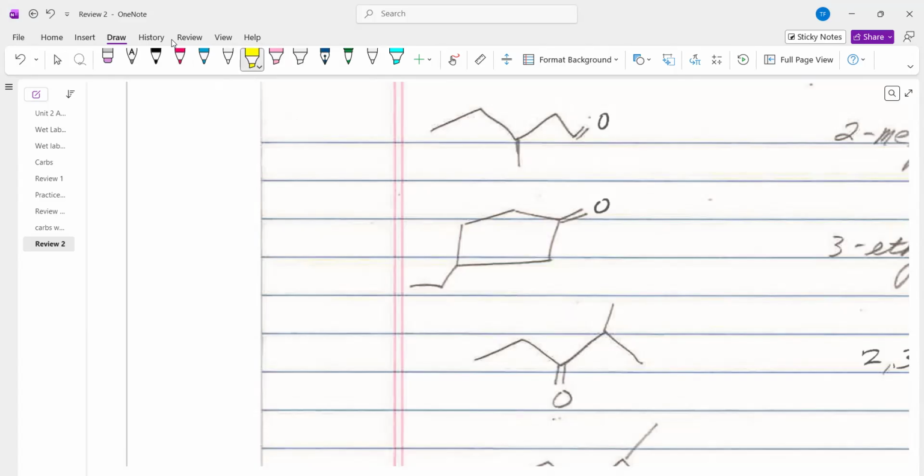Okay, so that's an aldehyde. That'll be the backbone. So it's a 1, 2, 3, 4, 5.